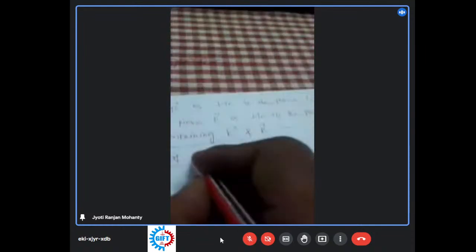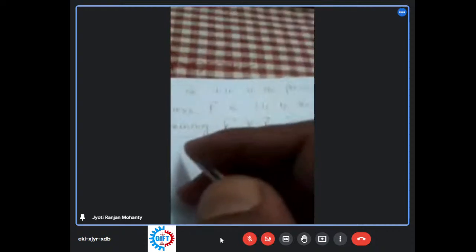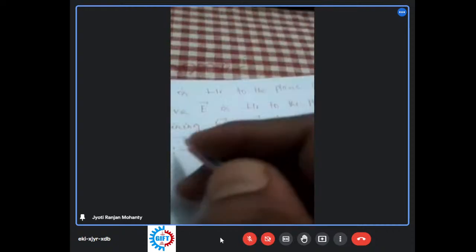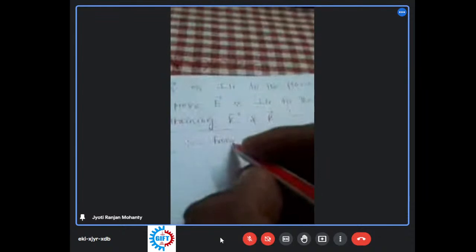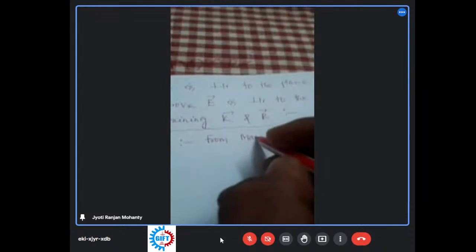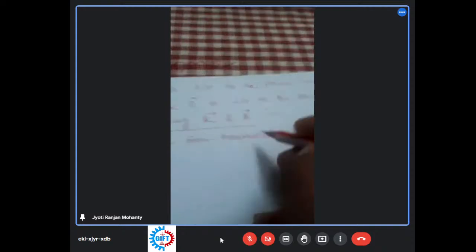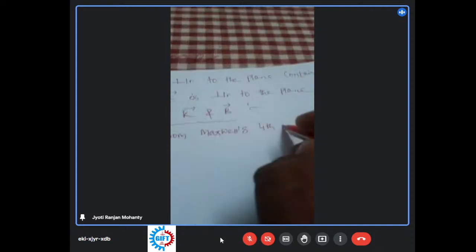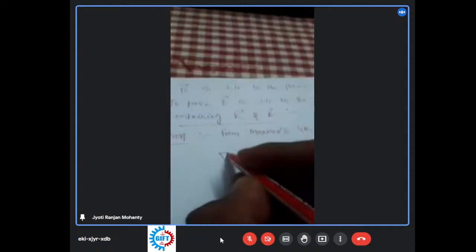अभी क्या करेंगे, ऑलरेडी मैक्सवेल्स का थर्ड इक्वेशन हम यूज कर दिए हैं। अभी देखो, using Maxwell's fourth equation. What is the Maxwell's fourth equation in free space?